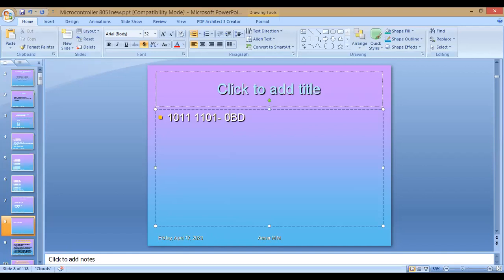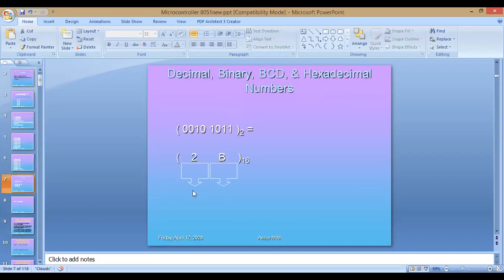You must use 0x before writing hexadecimal digits because hexadecimal numbers consist of numbers and characters. I think you now have a clear idea how to convert binary to hexa and hexa to binary. It is an easy way.